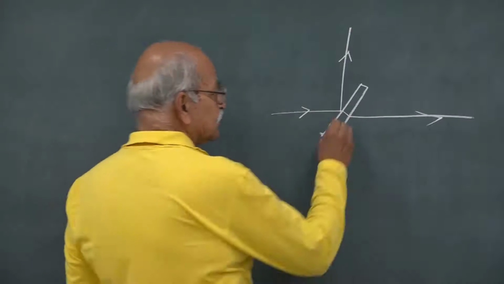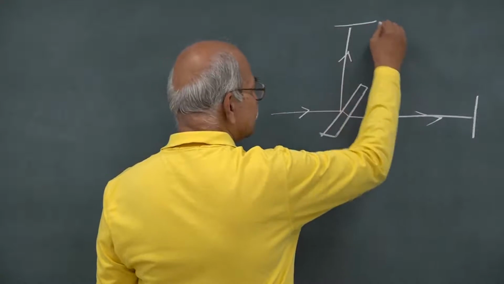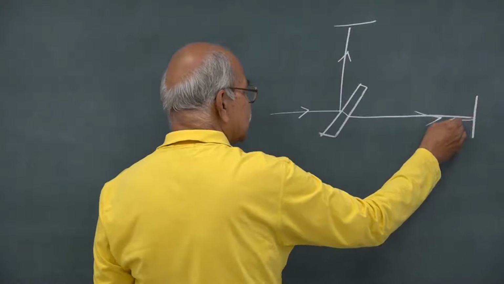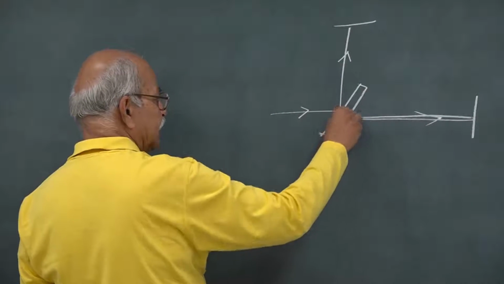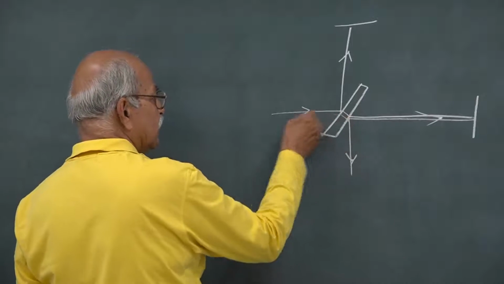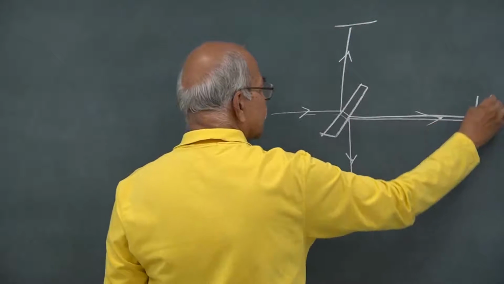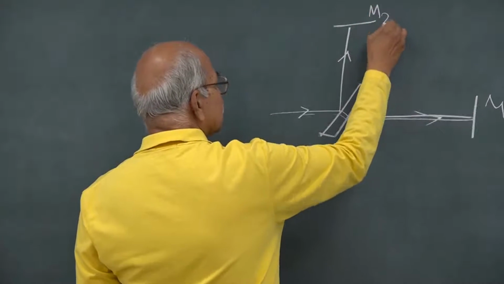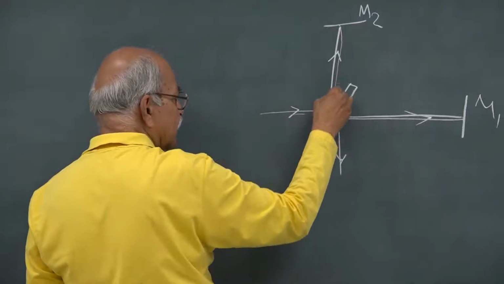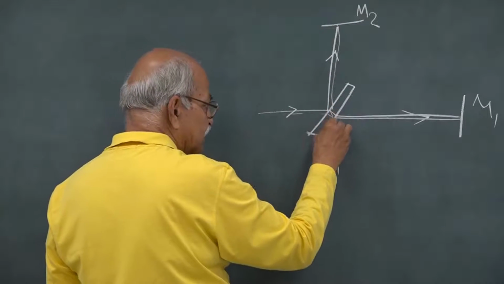Then you have a mirror here, and a mirror here, and this mirror reflects the light which comes here, and part of it is reflected and part of it is going through. Similarly, this mirror, call it M2, and this one M1, reflects and that comes here, part of it is reflected and part of it is transmitted.